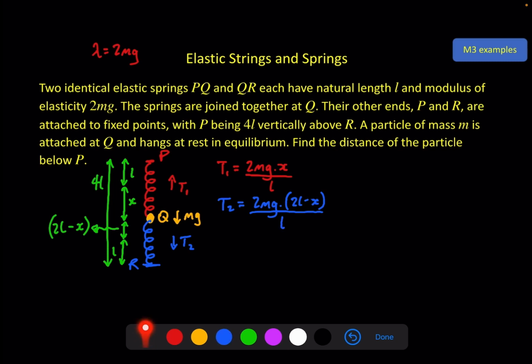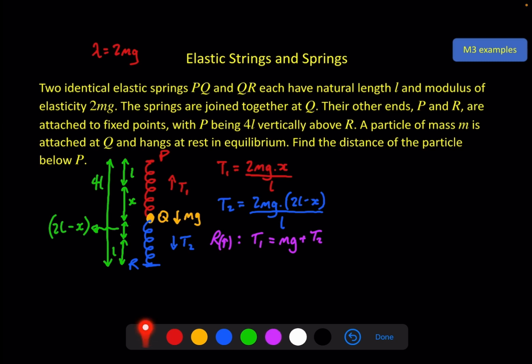Now I've got my two forces, each with an x, and the x is the thing I want to find, so I need to be able to get these two together, and to do that I can use resolving forces. In equilibrium, T1 must equal mg plus T2. So by resolving vertically, I can say T1 minus mg minus T2 must equal 0, so T1 equals mg plus T2.